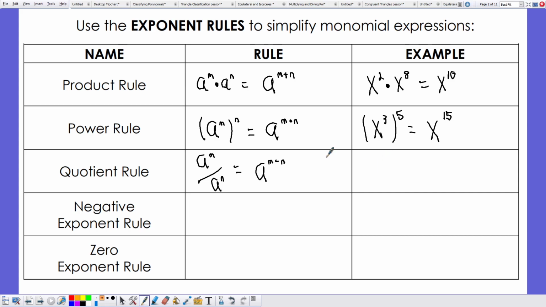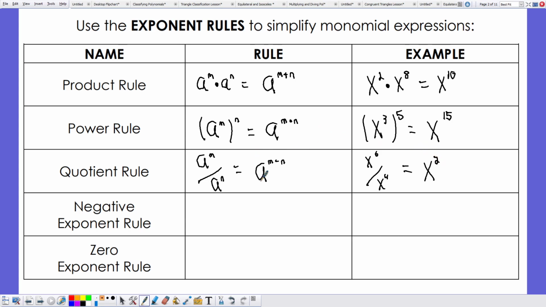Now, an example would be x to the 6 over x to the 4th. That would become x to the, 6 minus 4 is 2, so x squared.